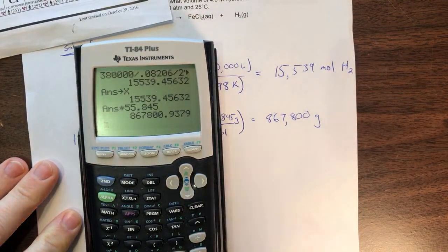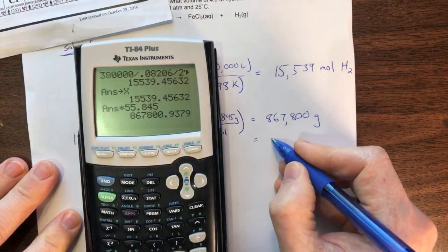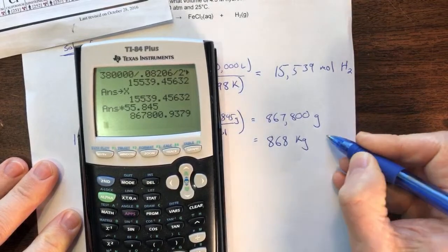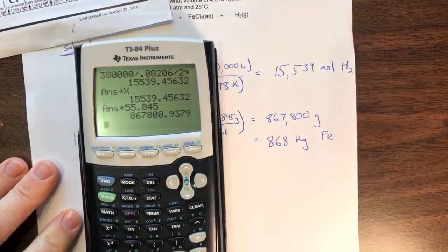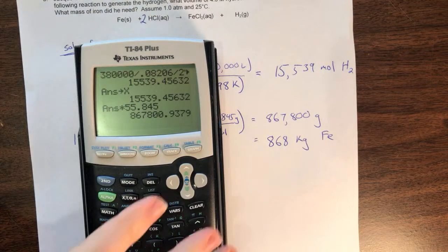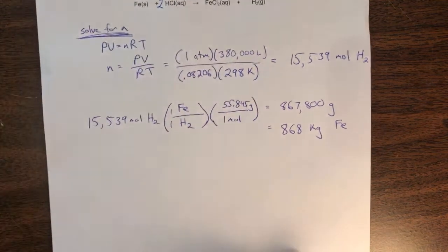So I'm going to divide by 1,000. So that's essentially 868 kilograms of iron. And so that's a little bit more reasonable. So we have a little bit less than a ton of iron. 868 kilograms of iron. Okay?